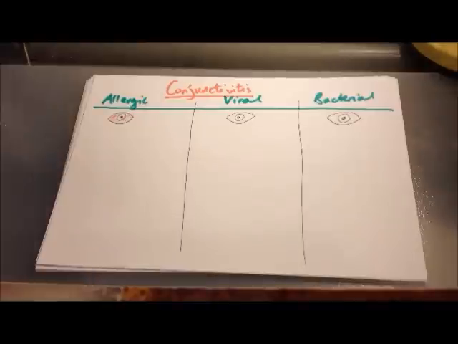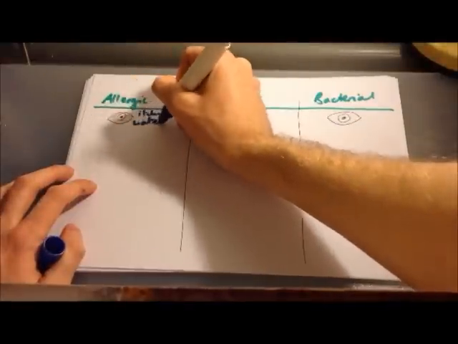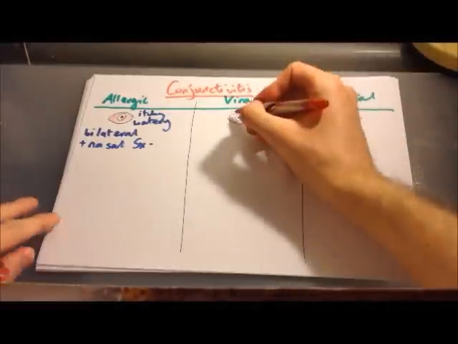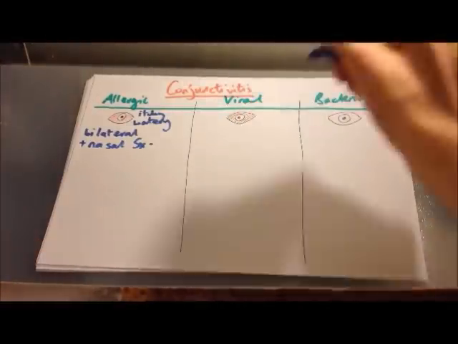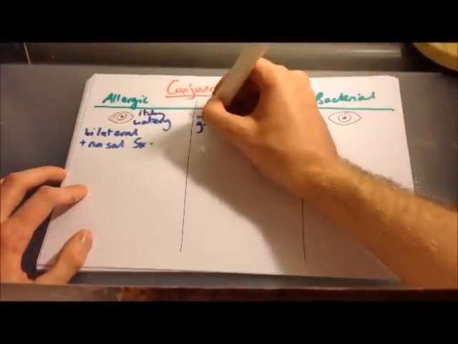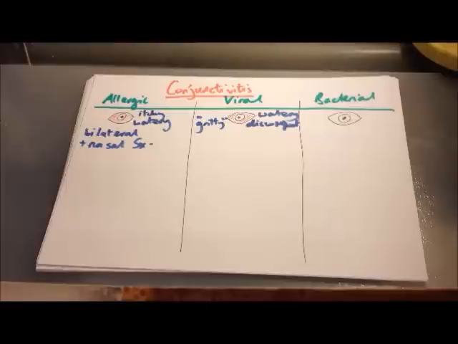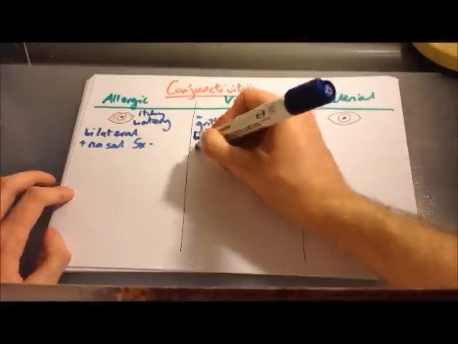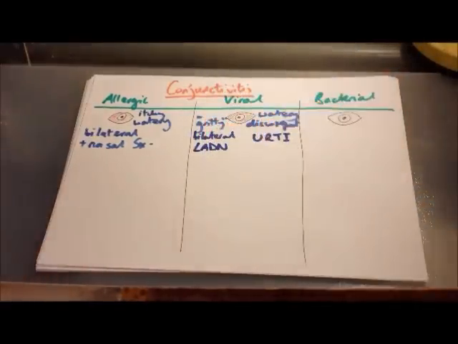So allergic conjunctivitis, you get an itchy and watery eye. It's usually bilateral, and it's usually associated with nasal symptoms like rhinorrhea. Viral conjunctivitis, again, has this diffuse red eye and watery discharge from the eye. You get a gritty sensation. Again, this is usually bilateral and is associated with an upper respiratory tract infection preceding it, and lymphadenopathy as well in the submandibular lymph nodes.